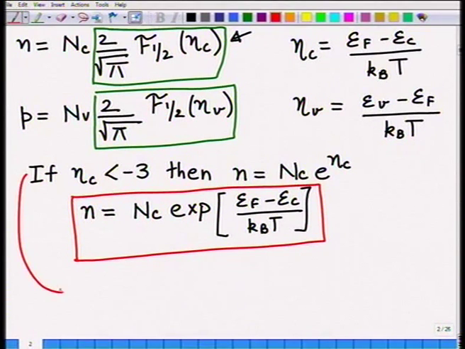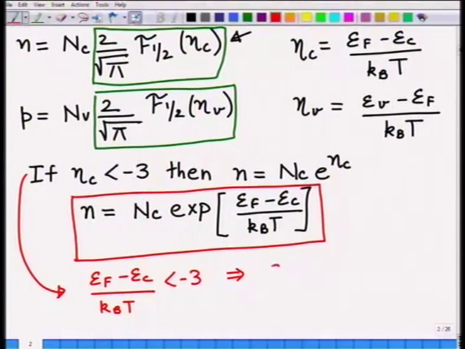We can further look at this condition: eta_c, which is (E_F minus E_c) by k_B T, should be less than minus 3.